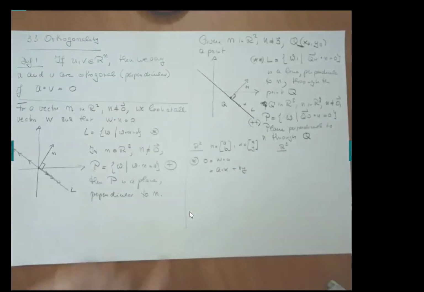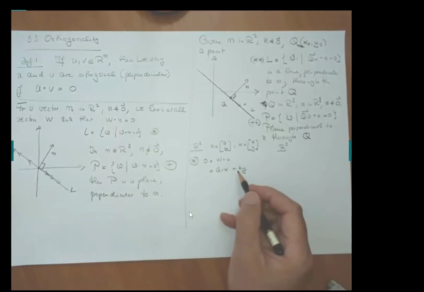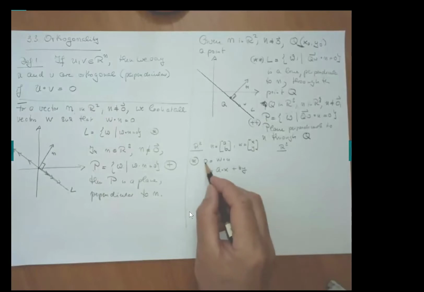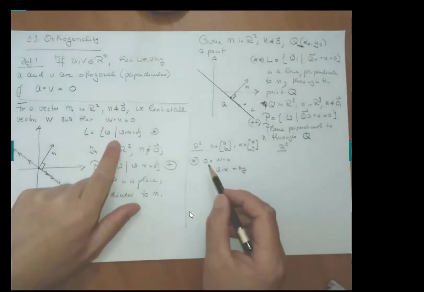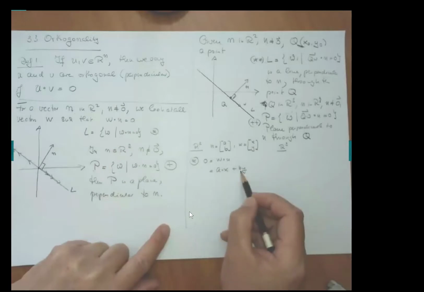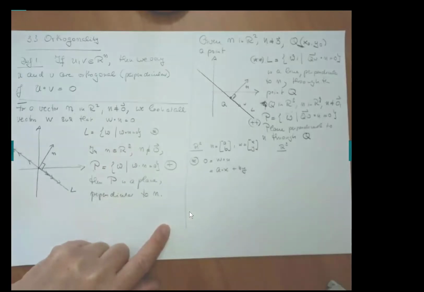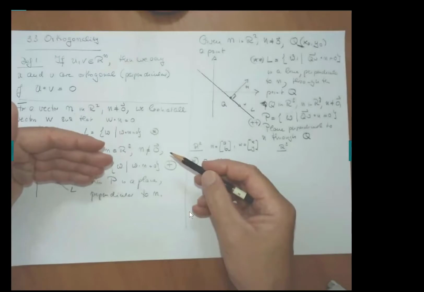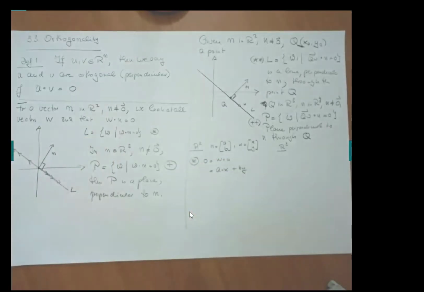b times y. So now we are really back to the first day of class when we talked about equations in two variables, homogeneous. So it turns out the equation of a line through the origin is a homogeneous linear equation. But now, what did we gain out of the introduction of the dot product?